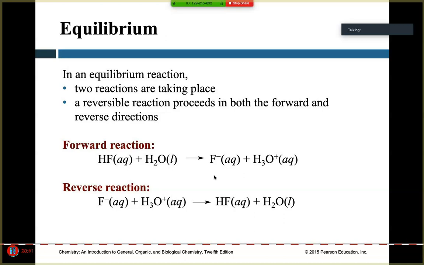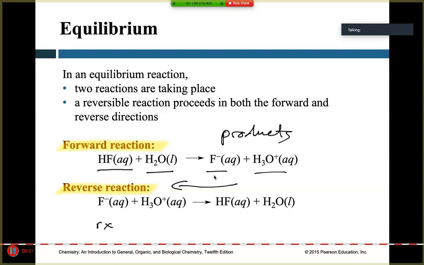And so here what I have is written a little bit more explicitly. This is what I wrote on the top. If we have our forward reaction, there's our hydrofluoric acid, it reacts with water to make fluoride and hydronium. But if we imagine the reverse reaction, instead of fluoride and hydronium being the products, we imagine them as reactants.